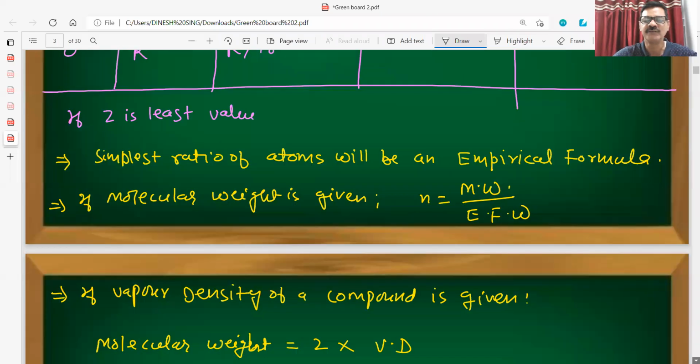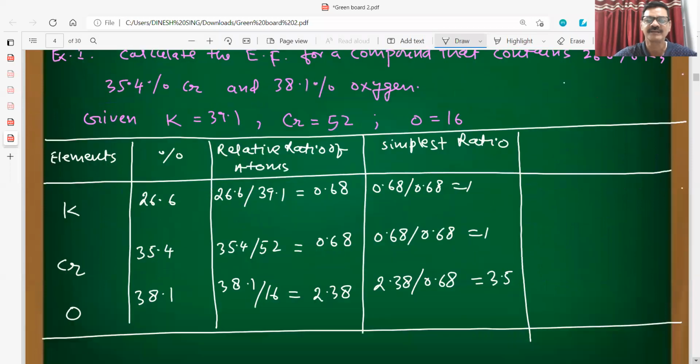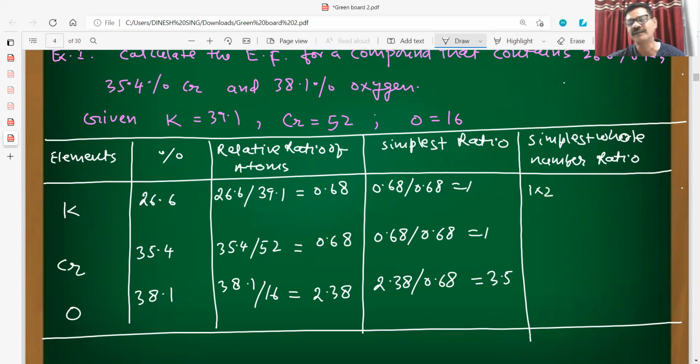So by which value we will multiply it? This column will be known as the simplest whole number ratio. If we multiply by the factor 2, this value will become 2, this will also become 2, and 3.5 will become 7.